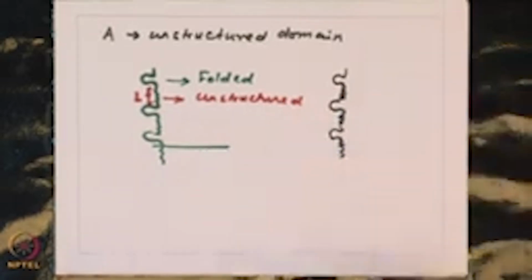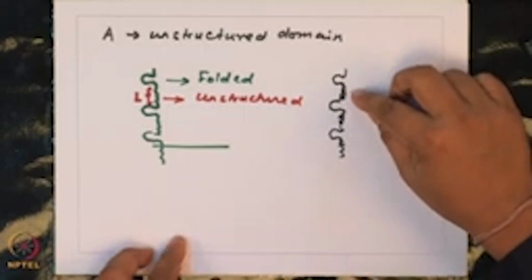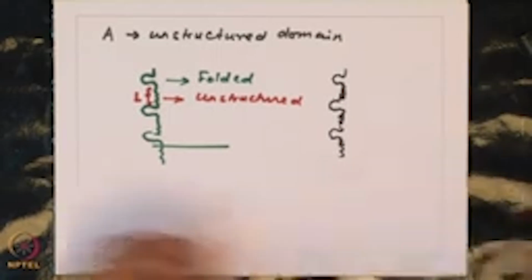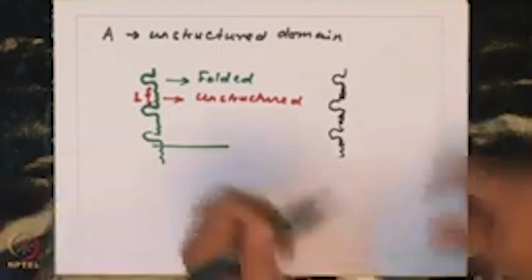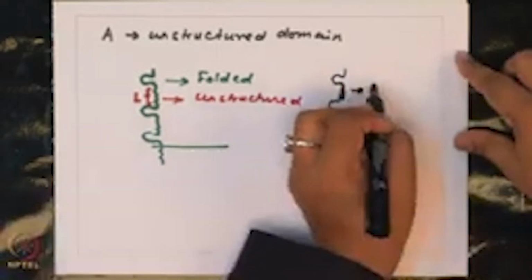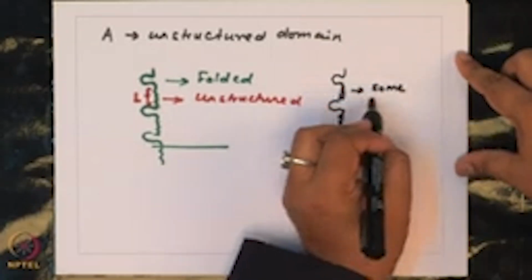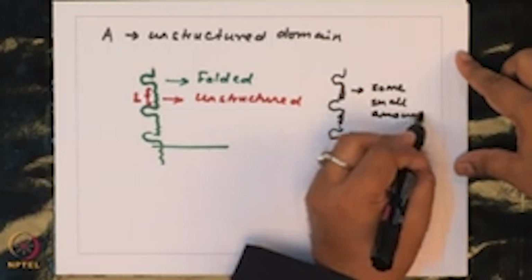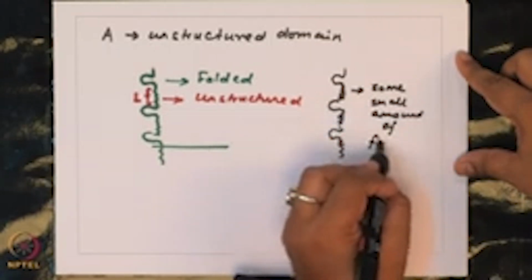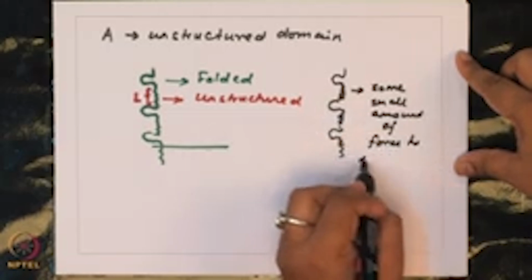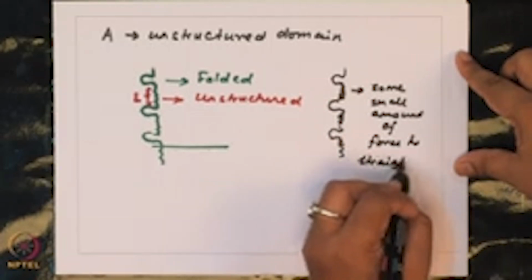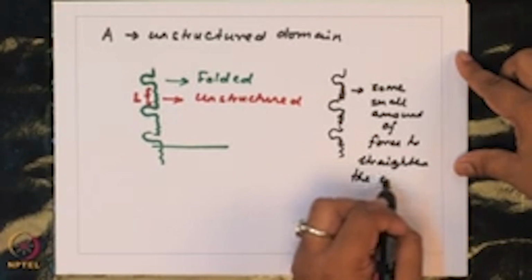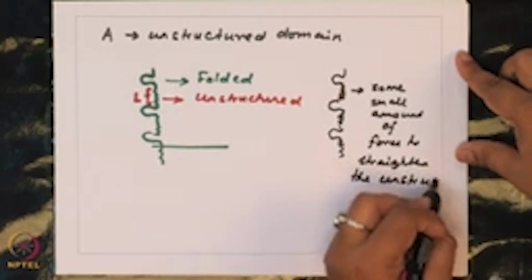In other words, it will still take a little bit of an almost negligible force to straighten this particular domain. You would still require some small amount of force to straighten the unstructured domains.